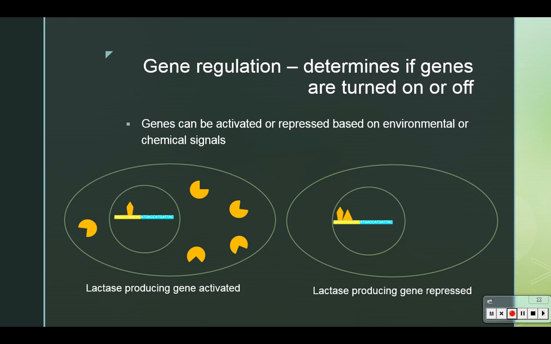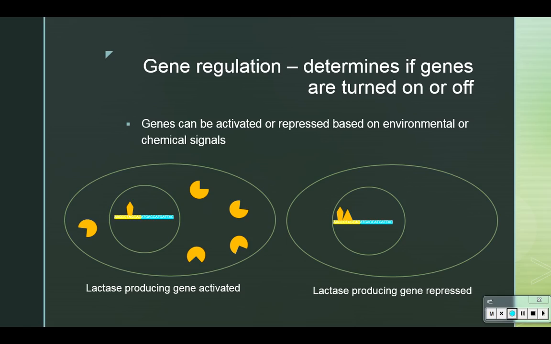And then obviously that mRNA goes into the cytoplasm and the proteins are made. But here, this repressor protein blocks any signals coming from this activator protein, and therefore this region never gets transcribed. And if it's not transcribed, it can't be translated and it can't be made into a protein.